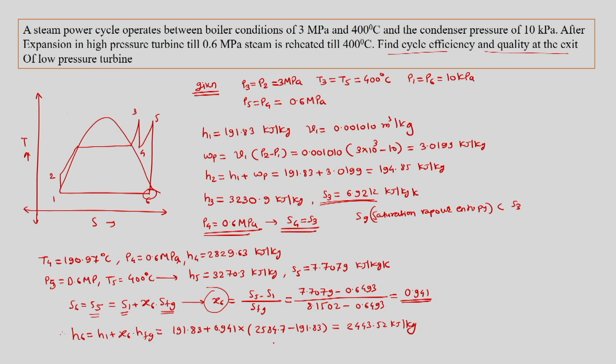This is how we work with the example of a reheater, where either we are given the reheat pressure and have to find the conditions at the exit of the turbine, or we are given conditions at the exit of the turbine and have to find the reheat condition. So this is the way we would solve examples on reheater. Thank you.